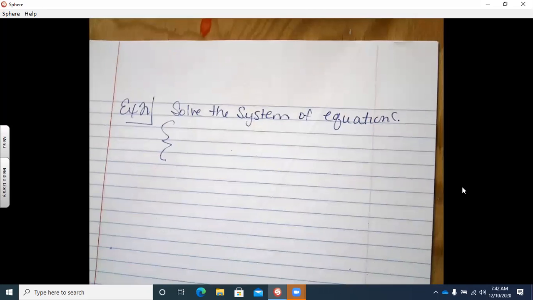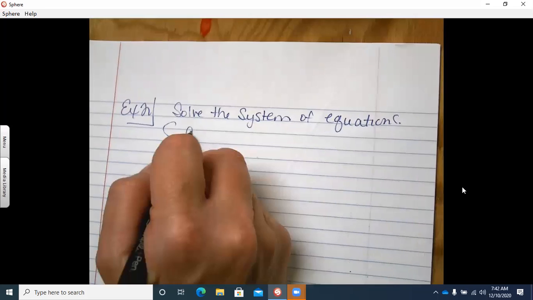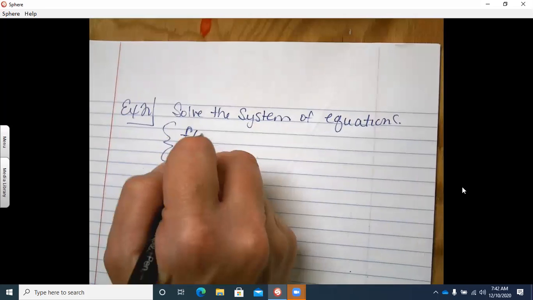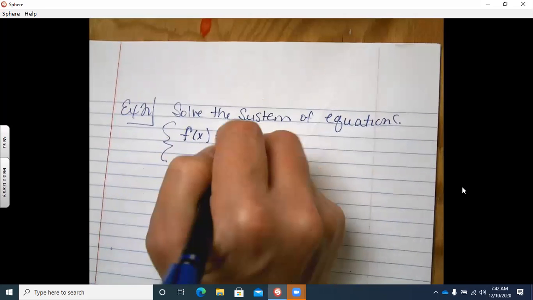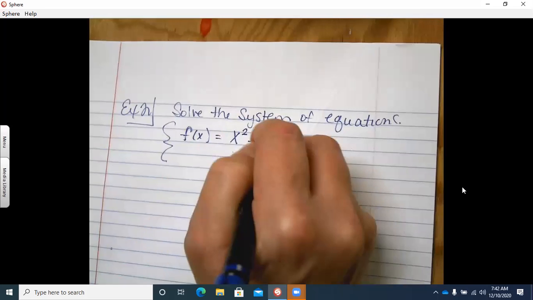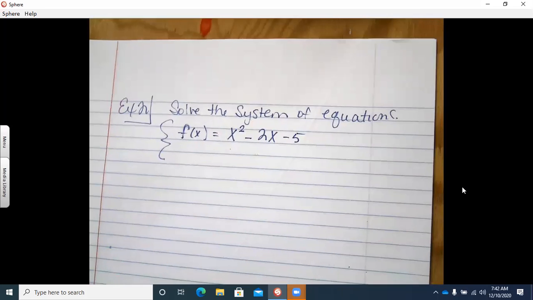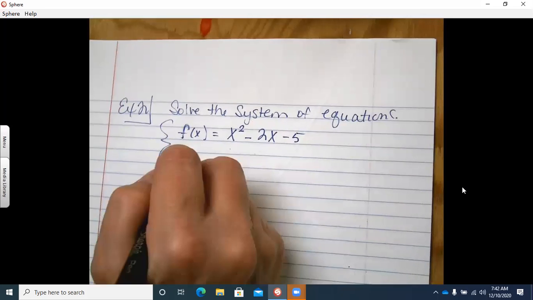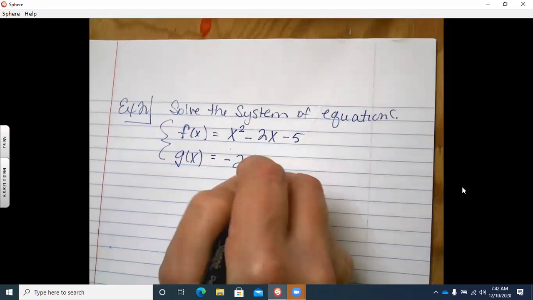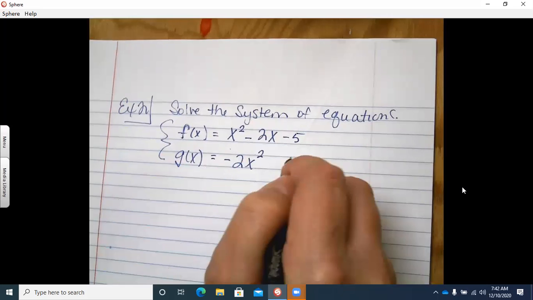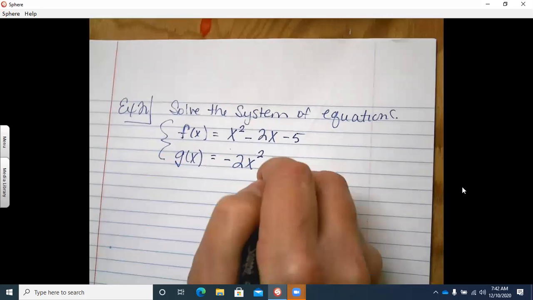So we have f of x equals x squared minus 2x minus 5, and we have g of x equals negative 2x squared plus 5x plus 1.